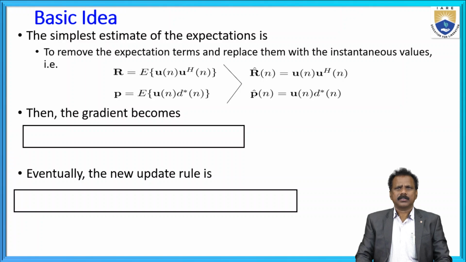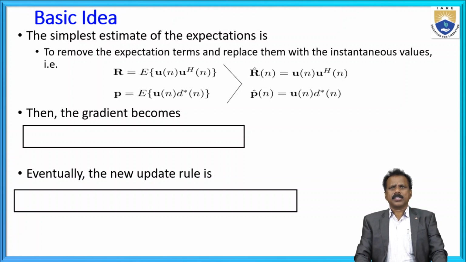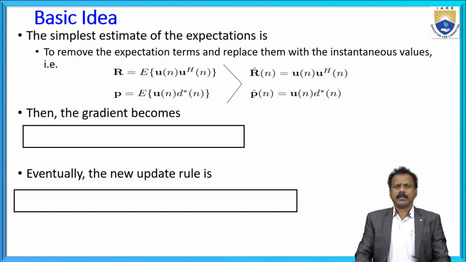Then R cap of n is equal to u of n u power H of n, and P cap of n is equal to u of n d of n. Then the gradient becomes, mathematically analyzed like this.